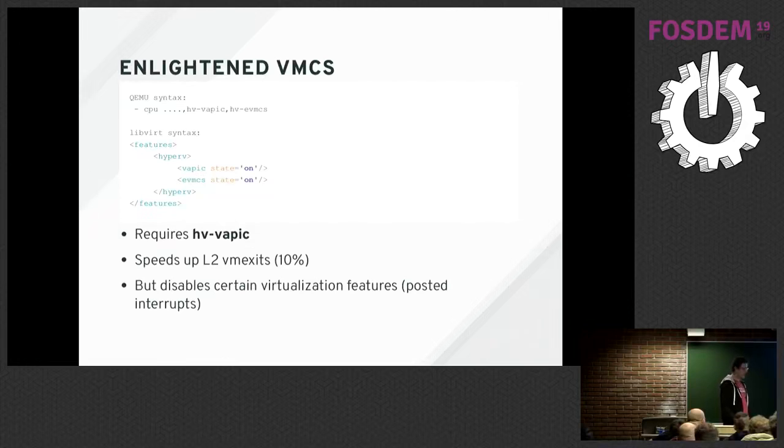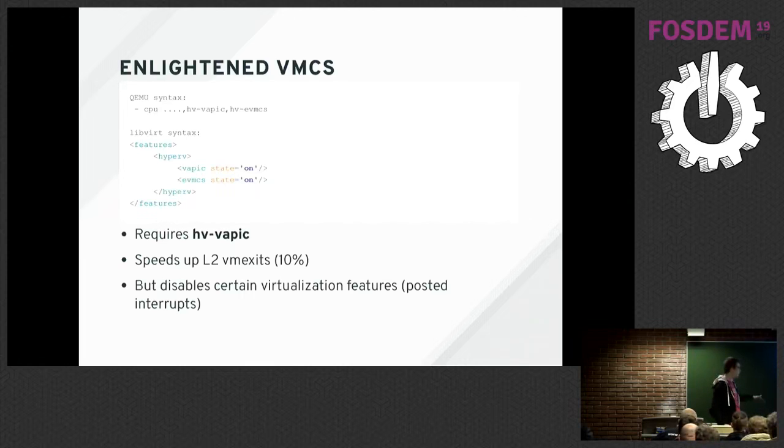Enlightened VMCS, I gave a talk about it last year. It's a pretty complex feature, but the thing is that to run virtualized guests, you're dealing with the so-called VMCS state on Intel, and you're using specific CPU instructions, which are, first, not very fast, and second, if your level 1 guest is building this state for its level 2 guest, you don't know what it's actually doing there because it runs on the CPU natively, so you'll basically have to read the whole state.